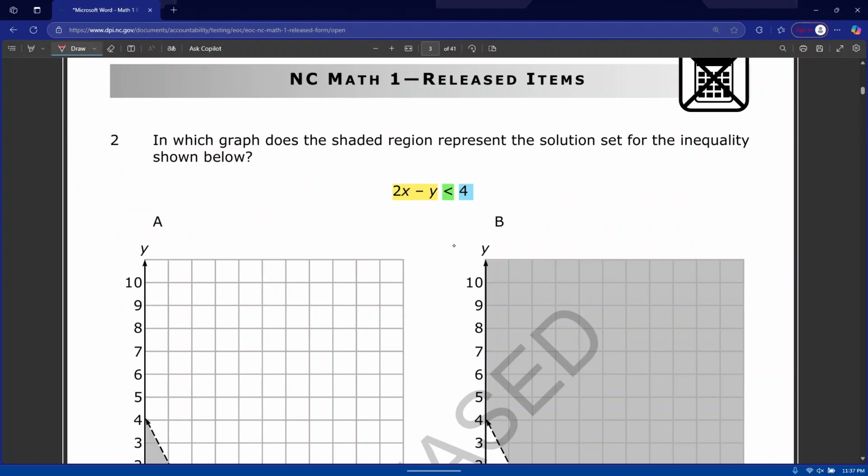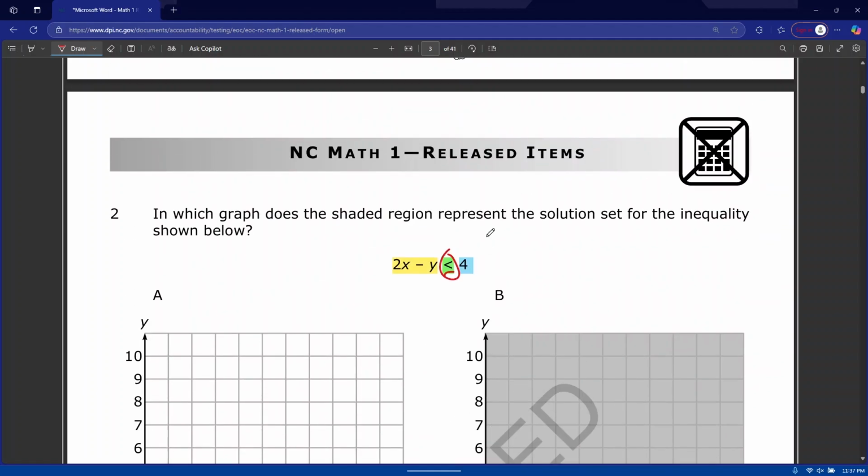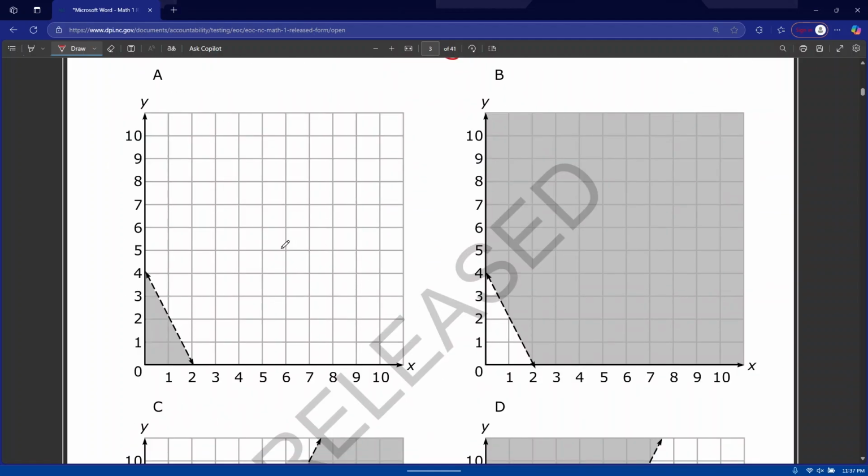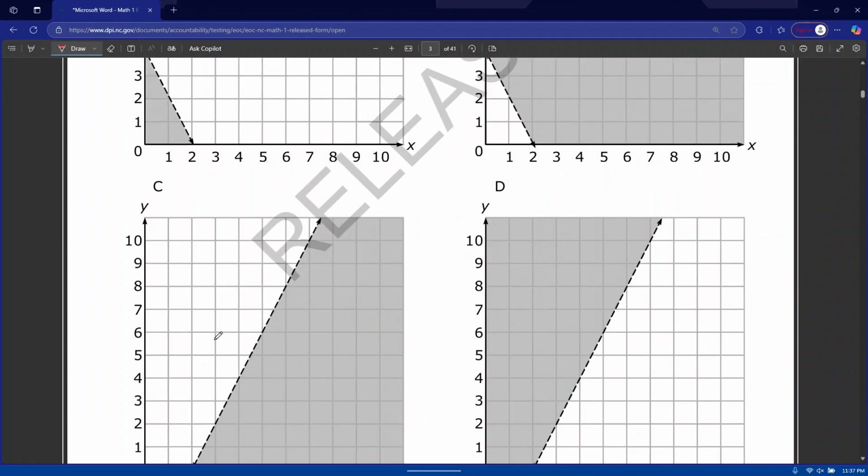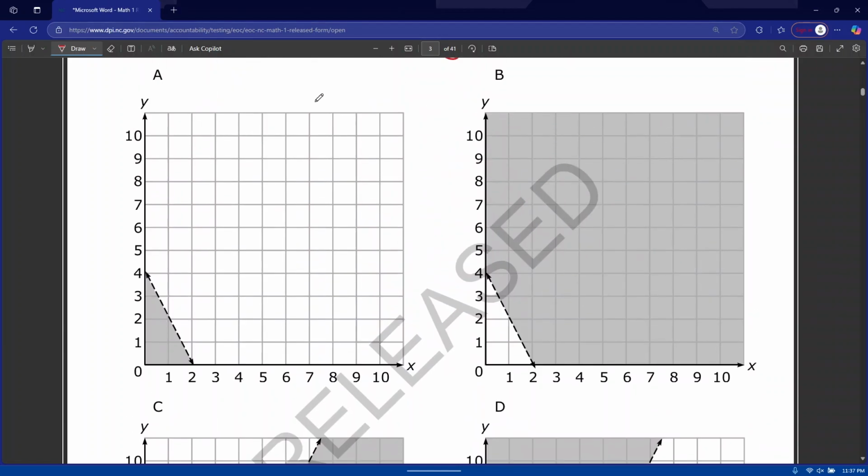So, based off of the inequality symbol itself, we know that the line itself is dotted because it doesn't have that equal sign below it. If it were to have an equal sign below it, it'll be a solid line. But as you can see in our answer choices, it doesn't do us any good because they all have a dotted line. So we can't use that method to choose our answer alone.